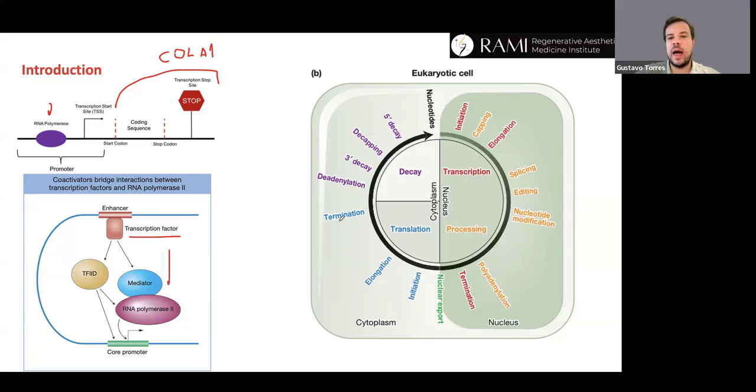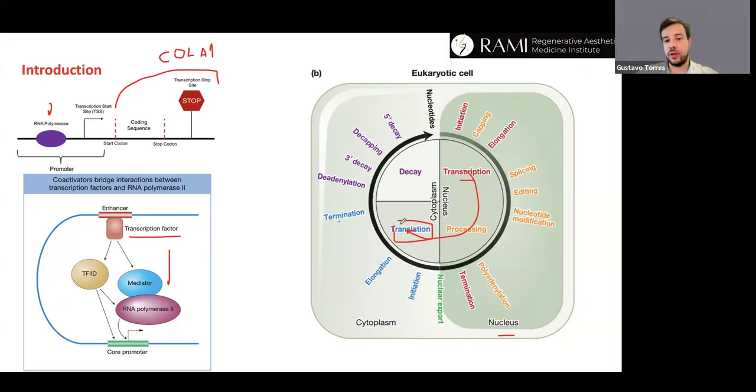And it obviously has to do with the fact that inside the nucleus, we have transcription happening. So we have the DNA compartmentalized inside the nucleus. RNA is being produced here as well, and then it's exported from the nucleus to the cytoplasm of the cell, where we have translation.